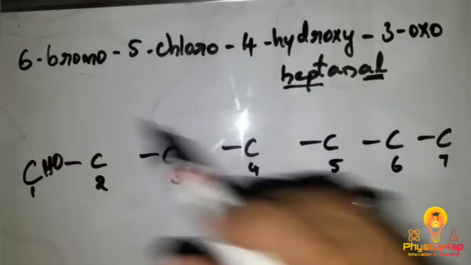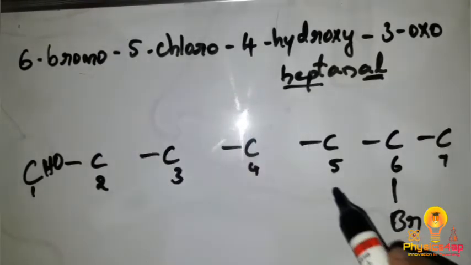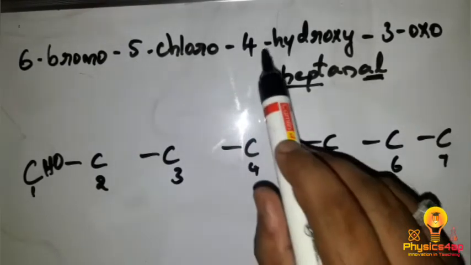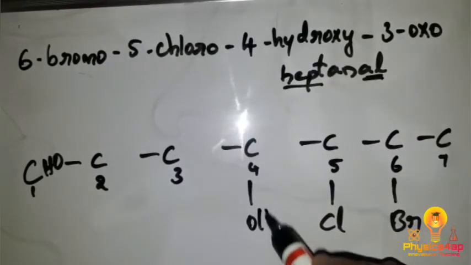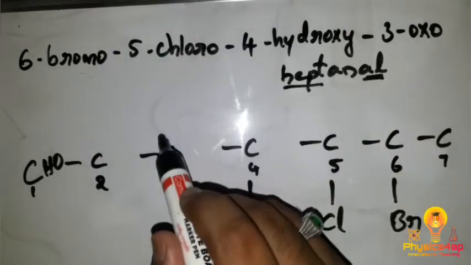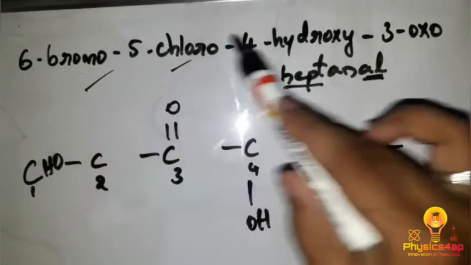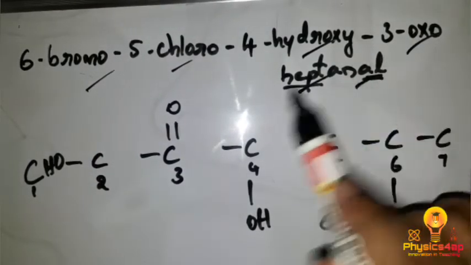At the 6th position we have bromo, at the 5th position chloro, at the 4th position hydroxy, that is OH, and at the 3rd position the ketone group, that is double bond O. That's it. We have completed the prefix part, the root word and the suffix part.